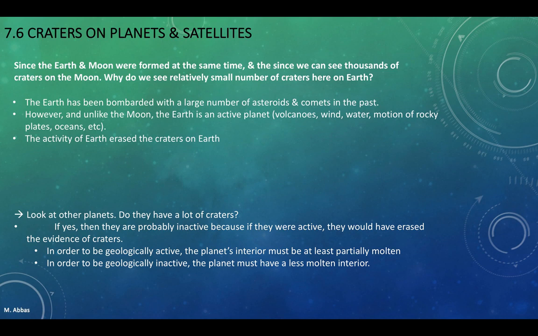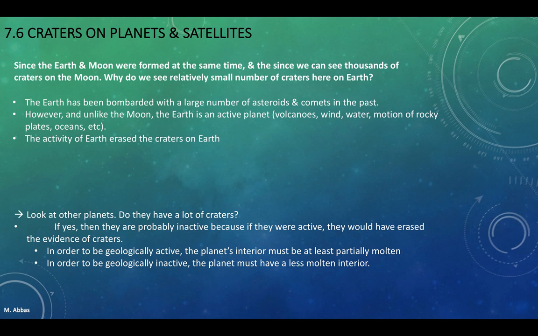So when I look at a planet and I see volcanoes, I can directly say that at the core of that planet I have a liquid lava core. If I look at a planet with no volcanoes, I can directly say that the core of that planet is rocky and it doesn't have a liquid lava core.